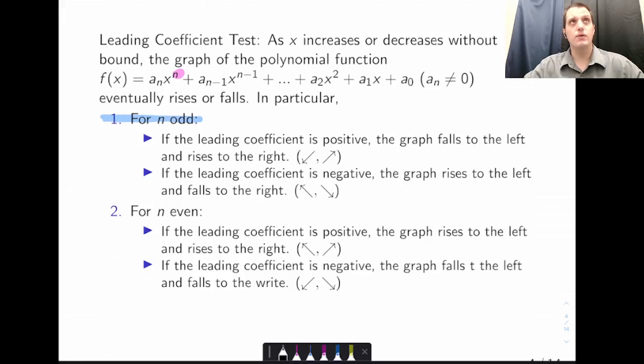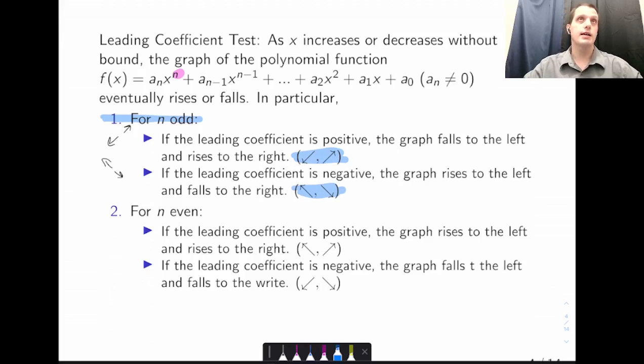With lines, our power of n is 1. 1 is odd. And if your slope is positive, then our line goes like this. Whereas if your slope is negative, which is the next one, we have a line which looks something similar to this. So that's why we have these different end behaviors.